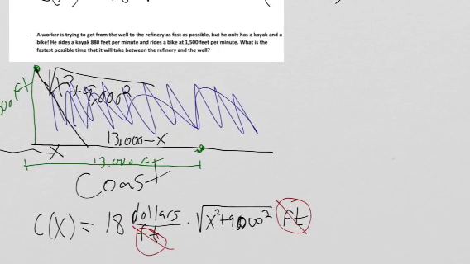So let's see what happens. We're going to use the same equation, just substitute in some different stuff. So in 1 minute, he can travel 880 feet.